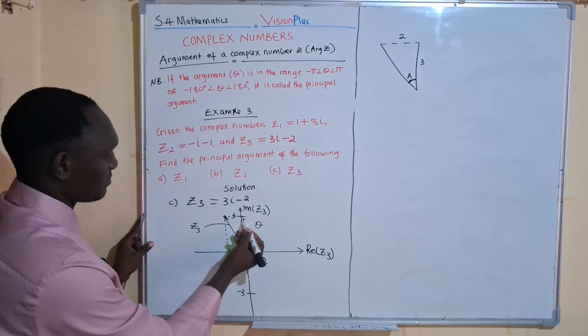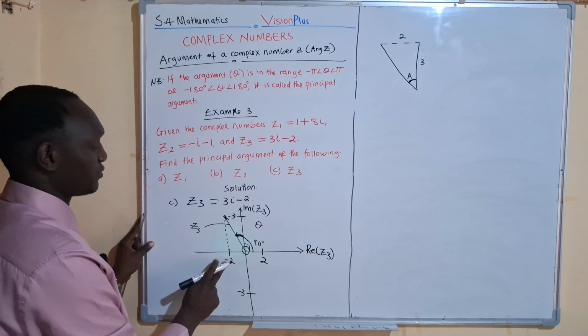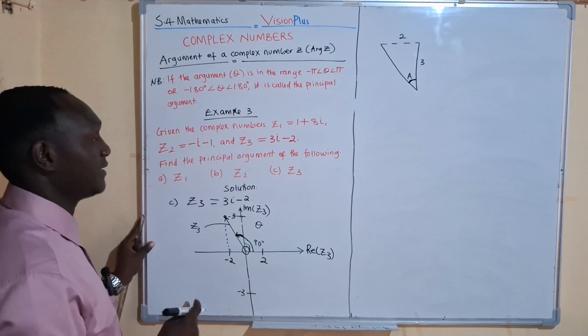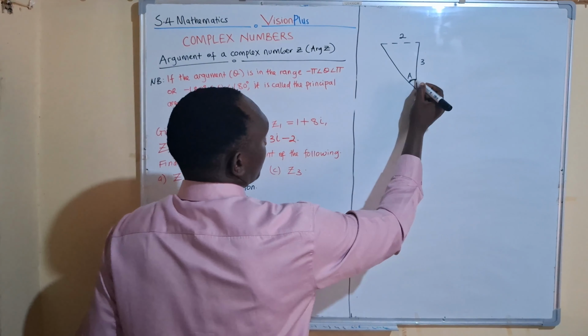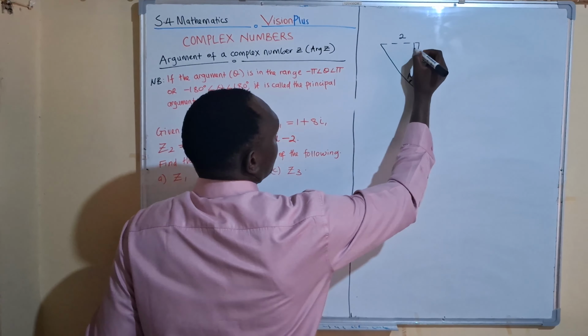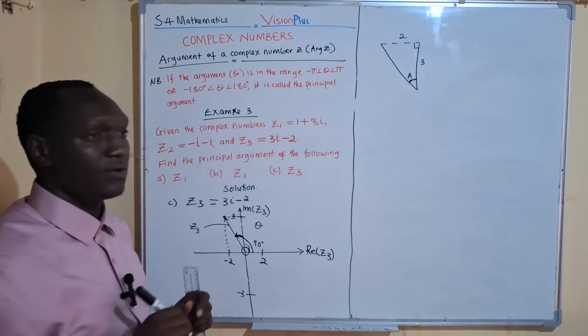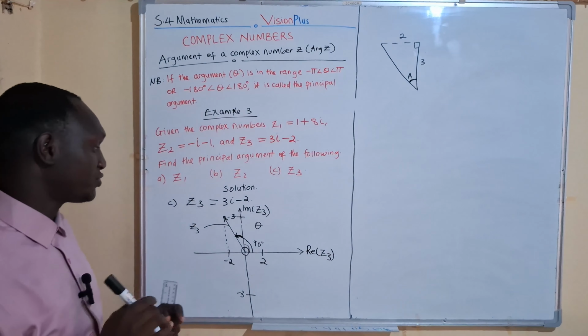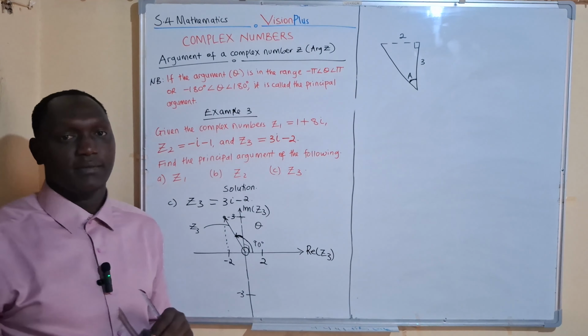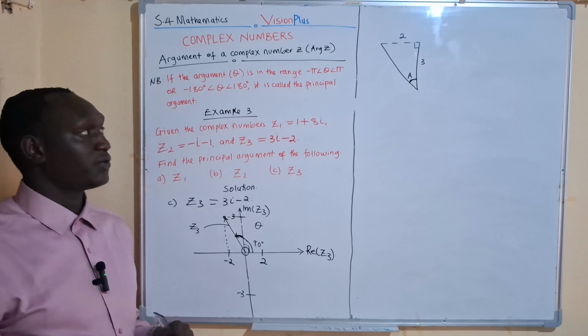From here to here is the same as from there to there, negative 2, which gives us 2 units, correct. Now, this is the angle we are looking for. This is where the right angle forms. For any triangle that you extract from the complex number, it must be a right-angled triangle.